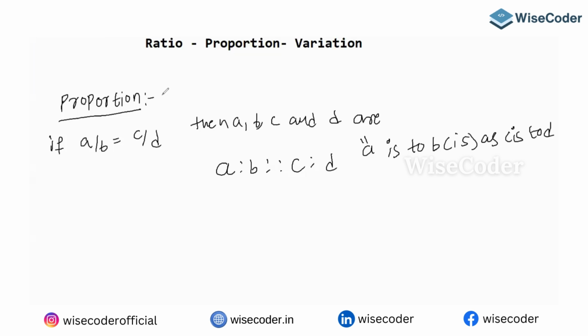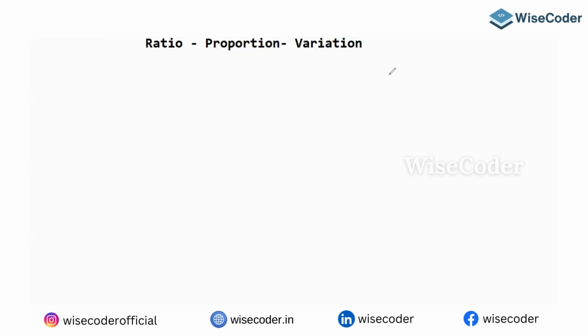So you can write AD equals BC. AD is the product of extremes, A and D are extremes. B and C are means.